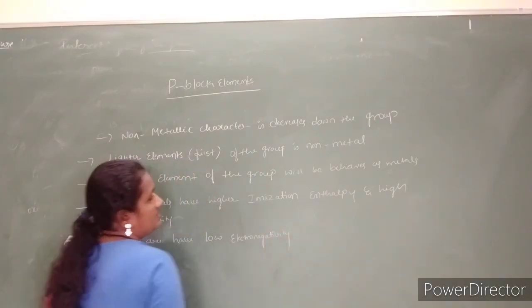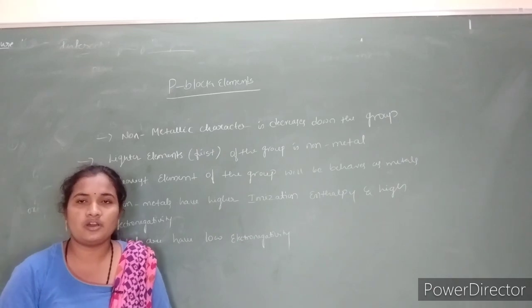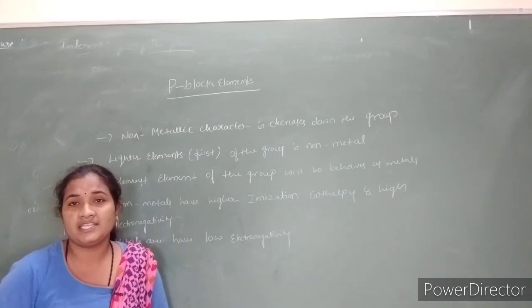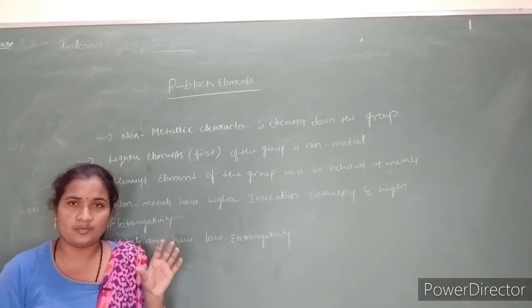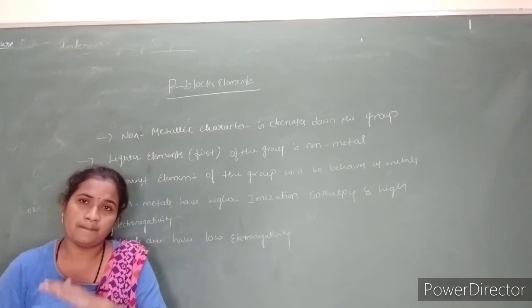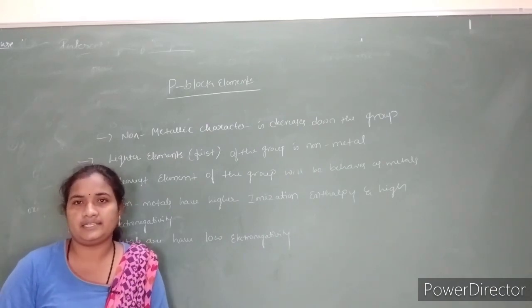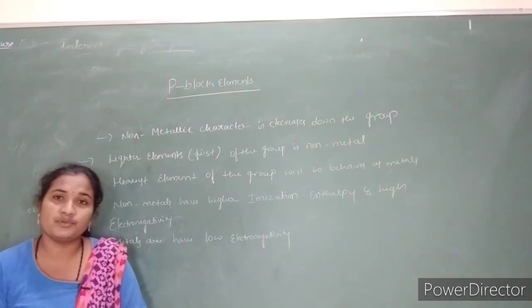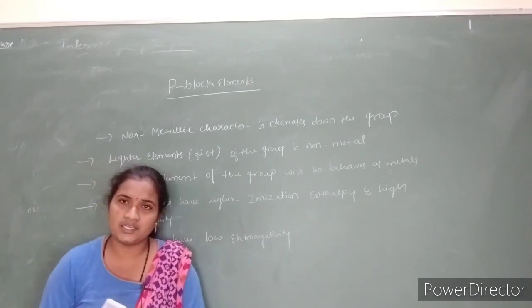So the compounds formed by the combination of highly reactive non-metals and highly reactive metals exhibit covalent character. If compounds are purely from metals, they exhibit ionic character.